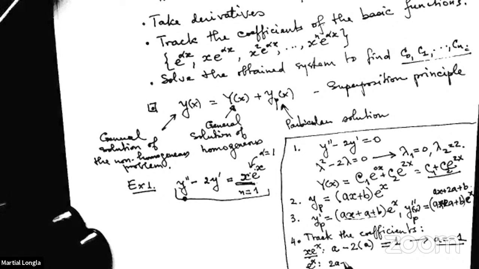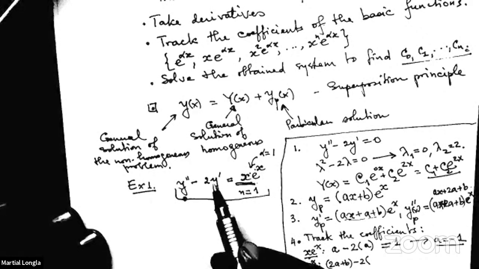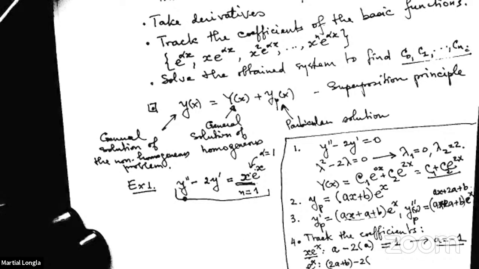So that's 2a plus b. Minus 2, and then I get into the derivative, and I look for e to the x. That's a plus b, because that's a plus b e to the x. And then there is nothing else equal.